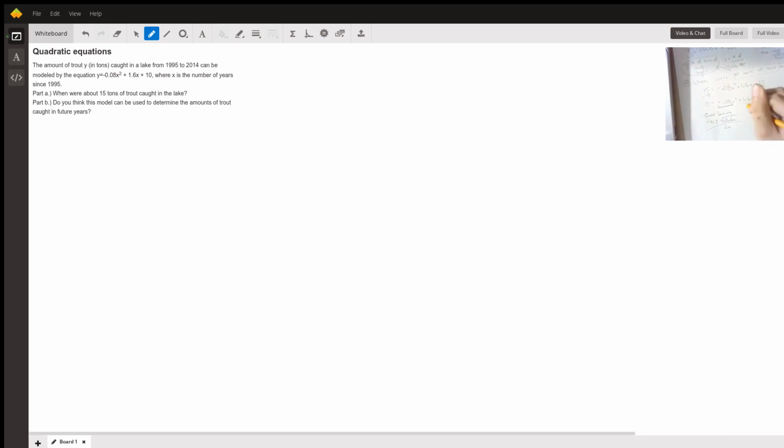My b value is the number in front of x. The number in front of x is positive, because it's a plus sign, 1.6. I'm using an uppercase instead of a lowercase. That's okay, but if you want to use a lowercase to be more consistent, that's probably good. And then c is negative 5, so I'm adding a negative 5, so my c value is negative 5.